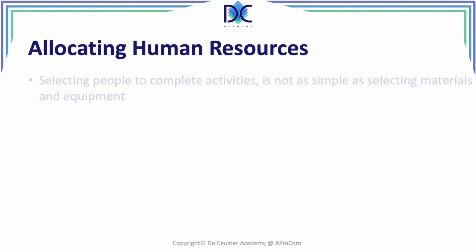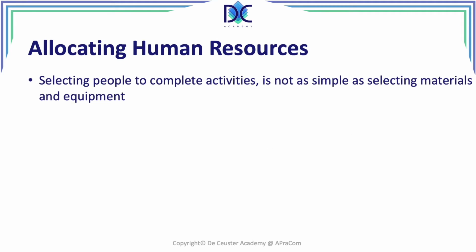So let's have a look at what is specific about human resources, adding people. Now, selecting people to complete activities is not always as simple as selecting materials and equipment. Materials and equipment have very objective descriptions and characteristics, while with people it's a little bit different.